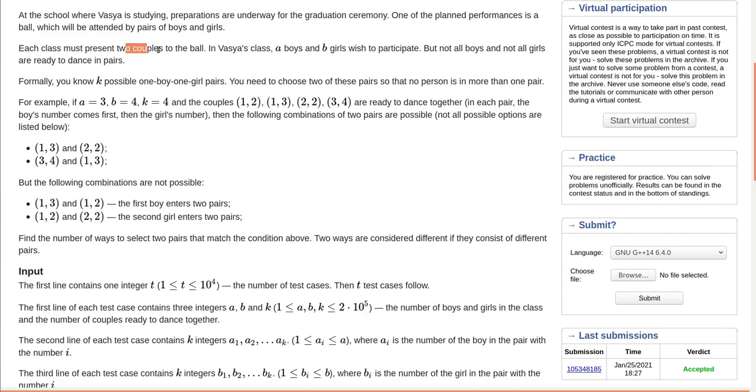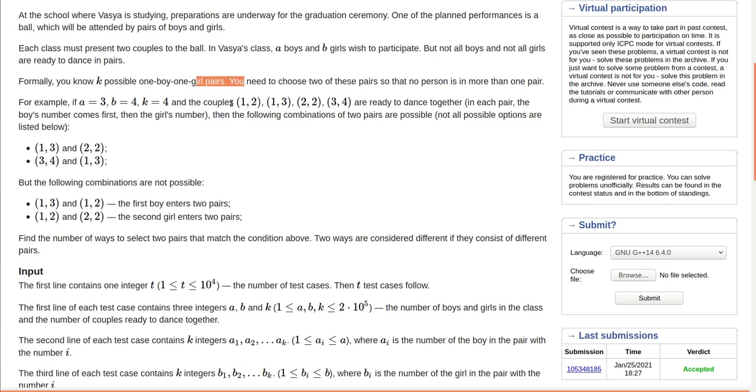there is a class, and in this class there are some number of boys and some number of girls, and from these boys and girls we have to make some couples so that they can attend a function.